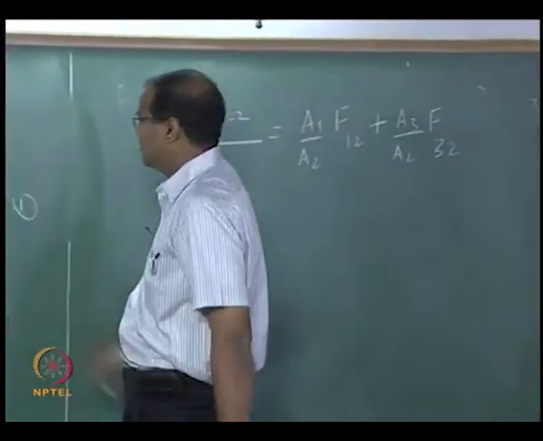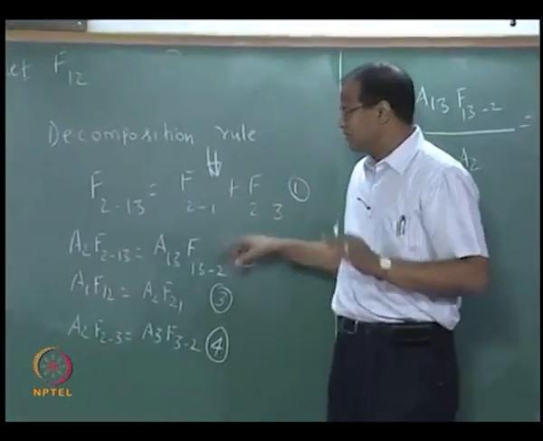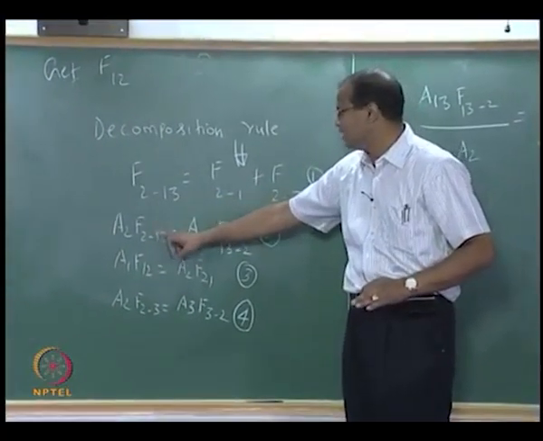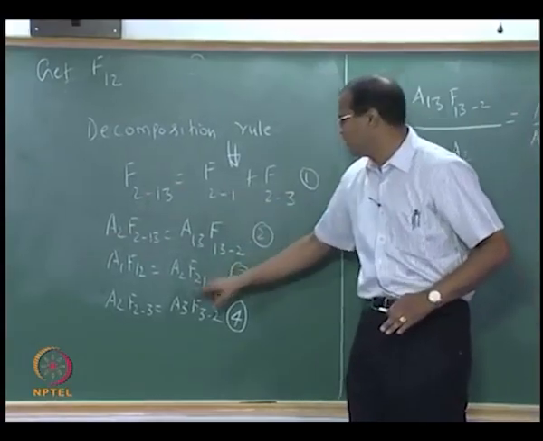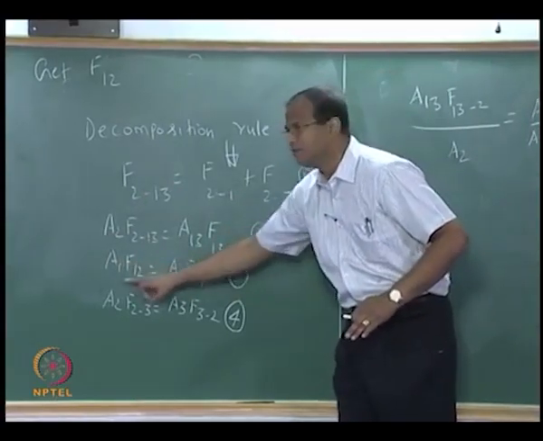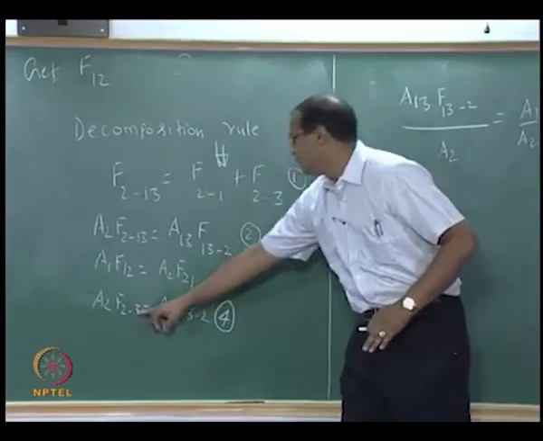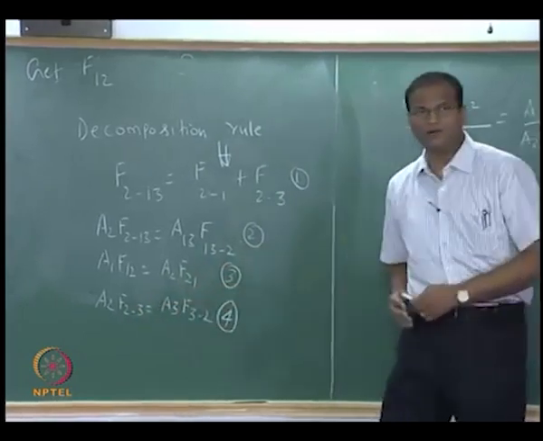I did not do any magic here. I assume that this is correct first. Then wherever F213 was there, I am writing F213 as A13 F13 divided by A2. F21 I am writing it as A1 F12 divided by A2. F23 I am writing it as A3 F32 by A2.